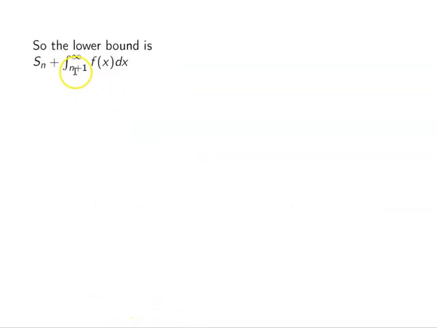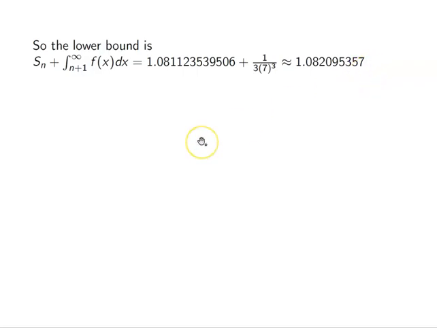And so my lower bound, the sum at 6, and one more than n to infinity is going to be given by s6 plus the integral at 7 of the function, which is around 1.082095357. Okay.